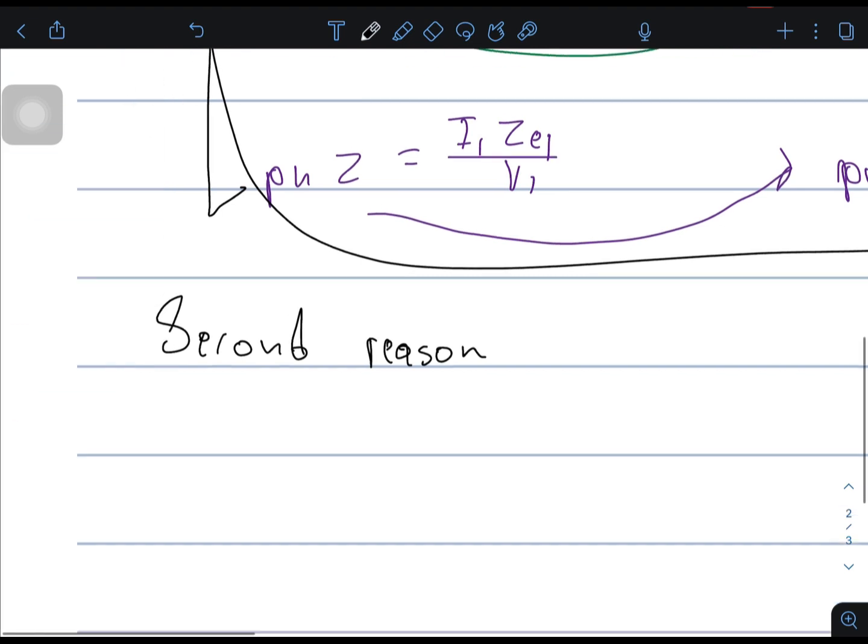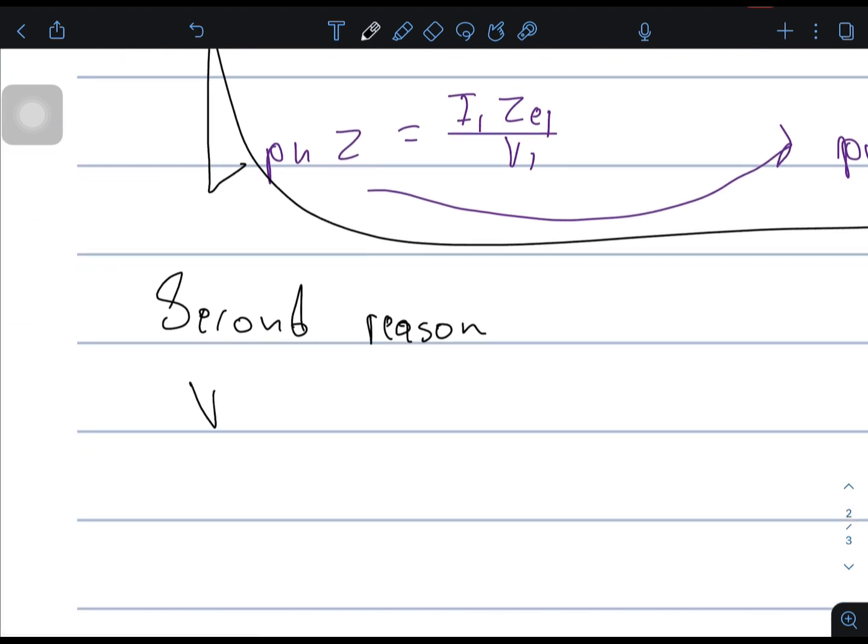For example, let's say I want to calculate the voltage drop due to resistance, and it's going to be I1 RE1. This is the voltage drop due to the internal resistance of the transformer.